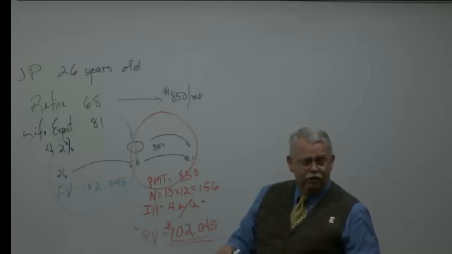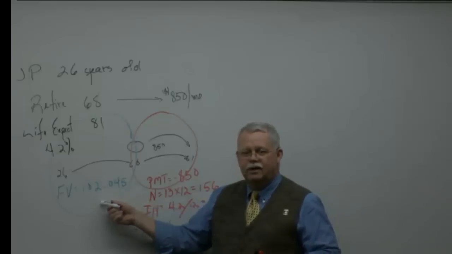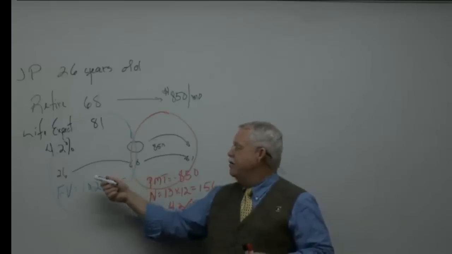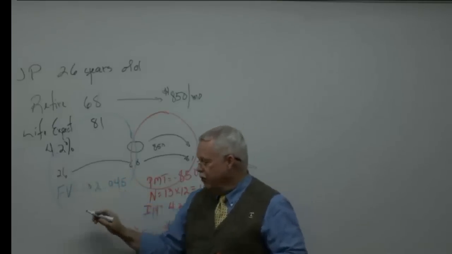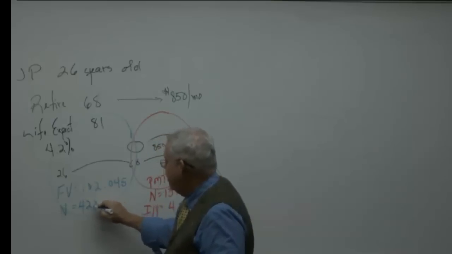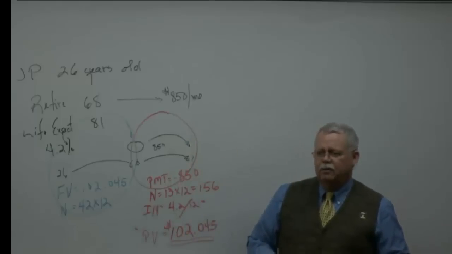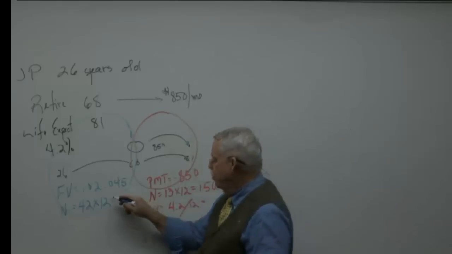How many years does he have? 42. 68 minus 26. 42. So N is 42 years, but he's going to make payments every month. So 42 times 12. 504.